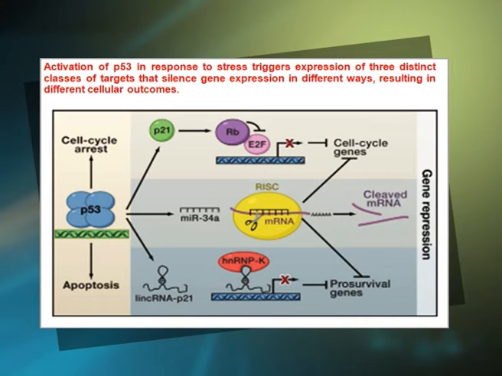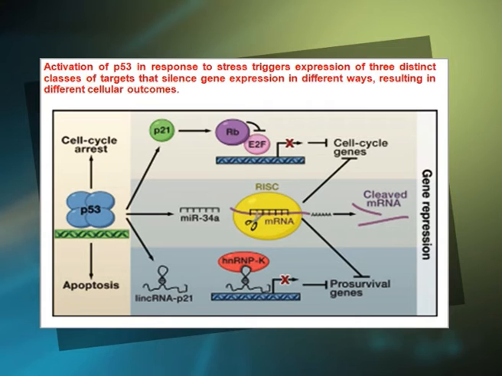In this figure, you can see the activation of p53 in response to stress triggers expression of 3 distinct classes of targets that silence gene expression in different ways, resulting in different cellular outcomes. The p21 protein inhibits cyclin dependent kinases, thereby activating the RB family of proteins and inhibiting the E2F transcription factors.